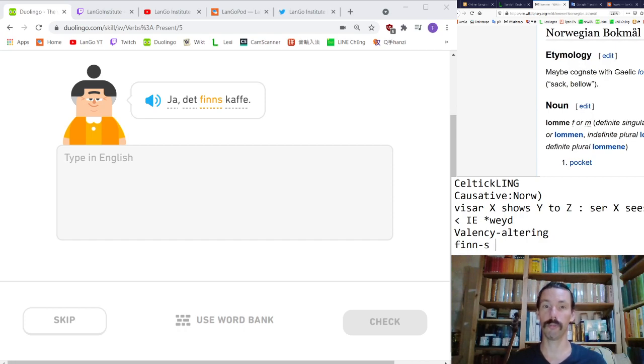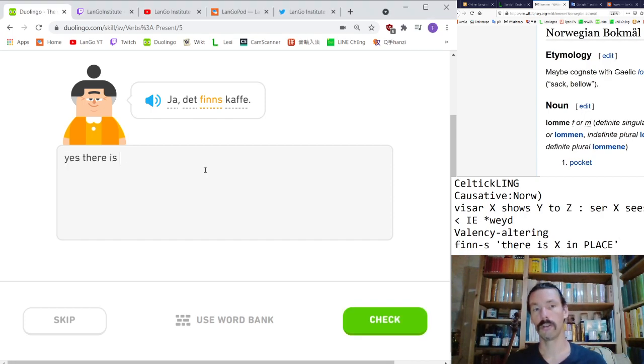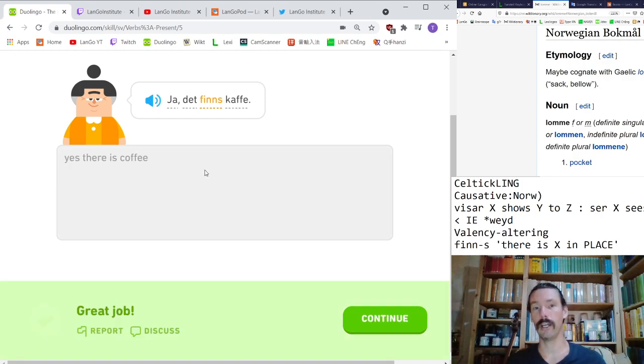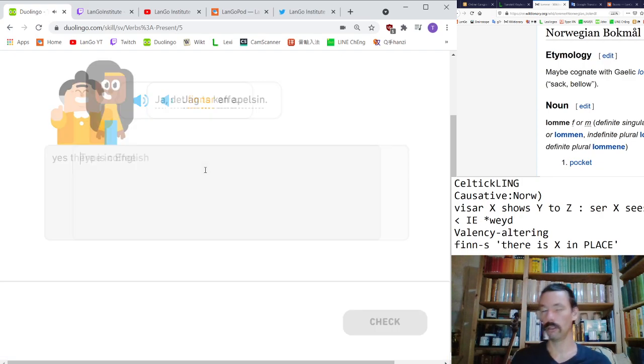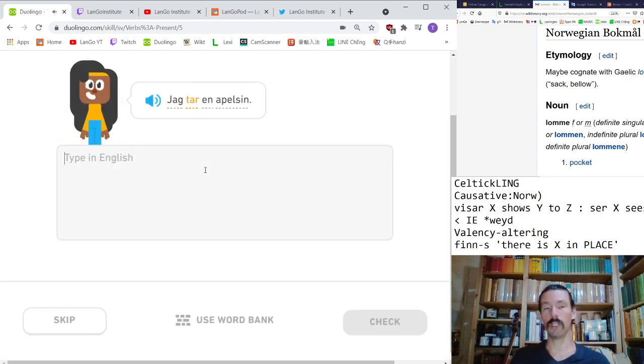Find self means there is X in a place. Det finns kaffe. Yes, there is coffee. In Norwegian we saw det er, D-E-T-E-R. Jag tar en apelsin. Jag tar, I take. Cognate. An apelsin is an orange. I take an orange.